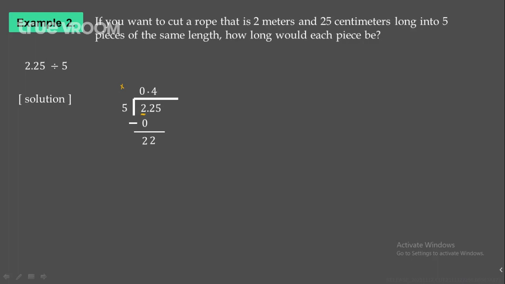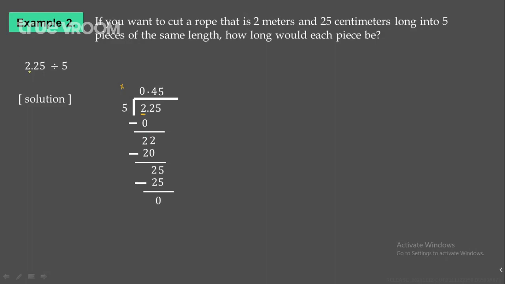What is 4 times 5? 20. 22 minus 20 is 2. 2 cannot be divided, so bring down 5. So 25 divided by 5 is 5. 5 times 5 is 25. So your remainder will be 0.